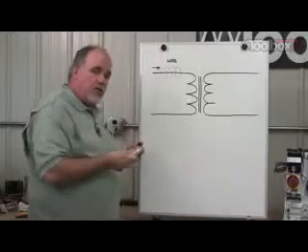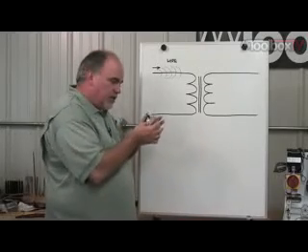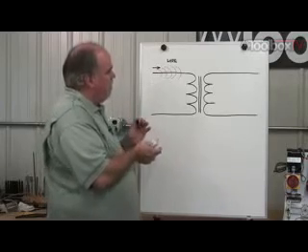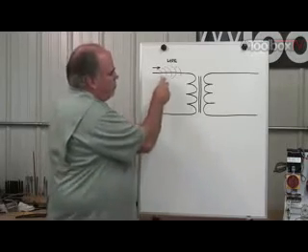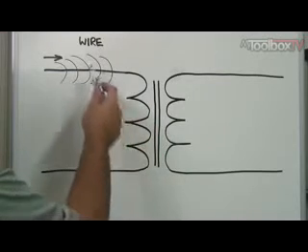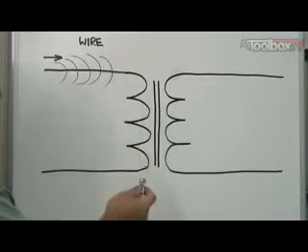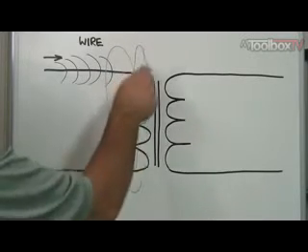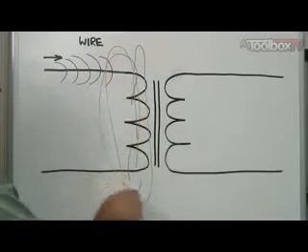And if it's AC current, it's turning on and off, so it's an expanding and collapsing magnetic field all the time. Okay? Now, if you put this wire in the form of a coil like we have here, all of these little magnetic fields join together and form a big one, like this. And they do much more work when you make them into a coil.